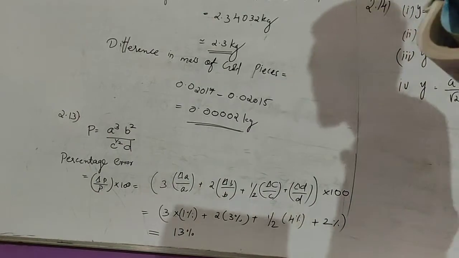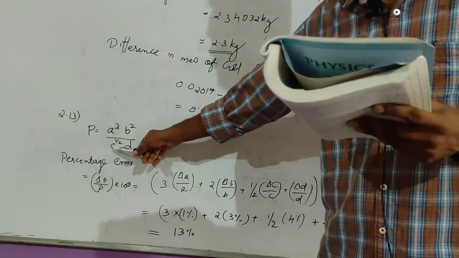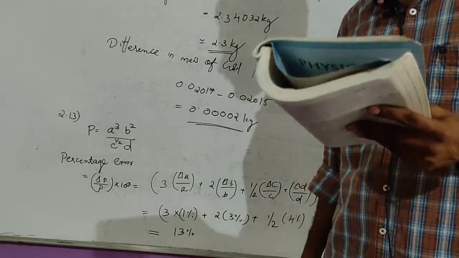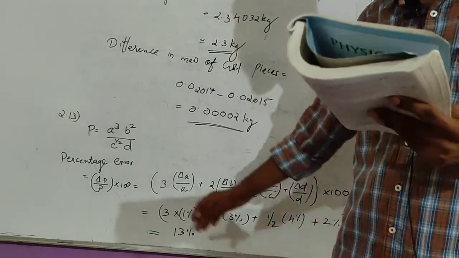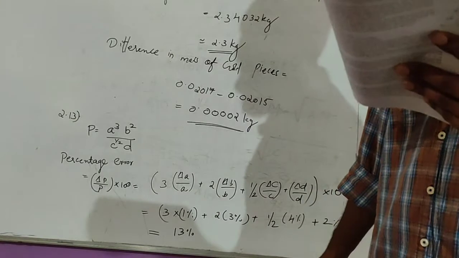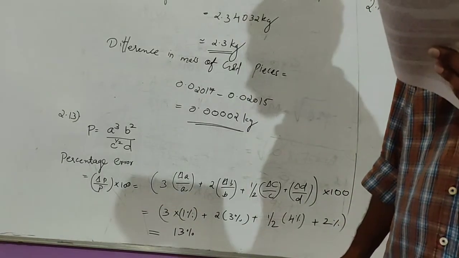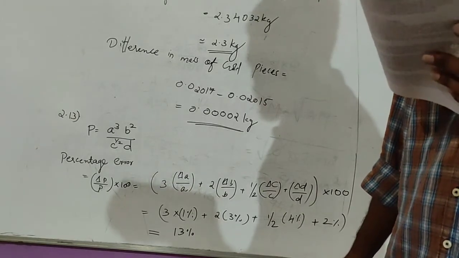P is equal to a raised to 3 b square divided by root c, that is c raised to 1 by 2, divided by d. So you are supposed to find out the percentage error in the total calculation, that is P. And given that the percentage error in A, B, C and D are respectively 1%, 3%, 4% and 2%. So what is the percentage error in quantity P?